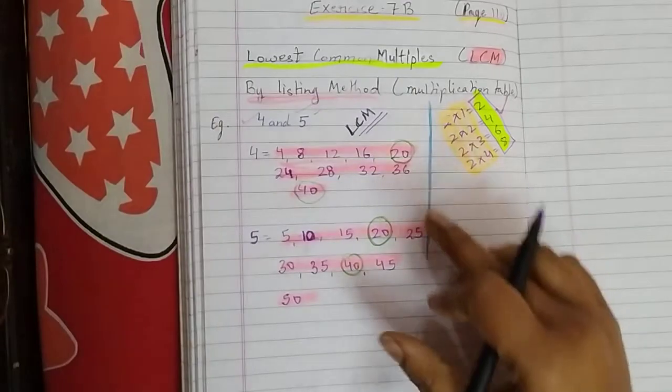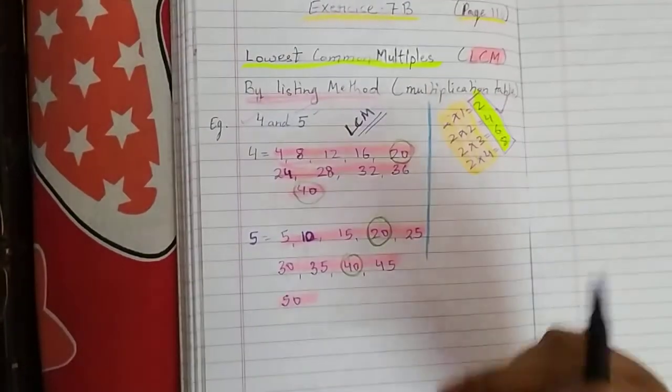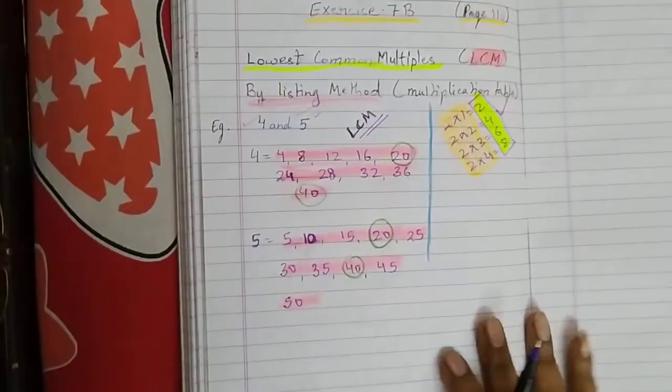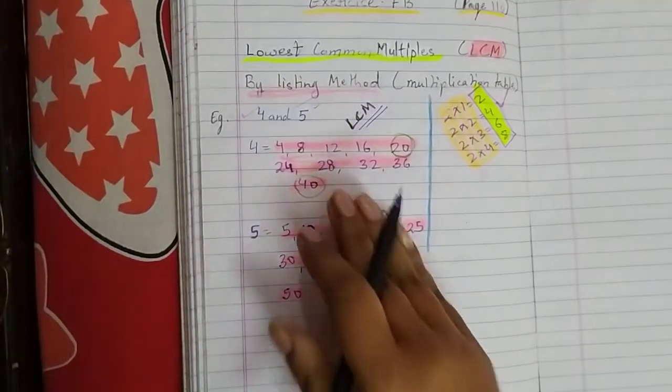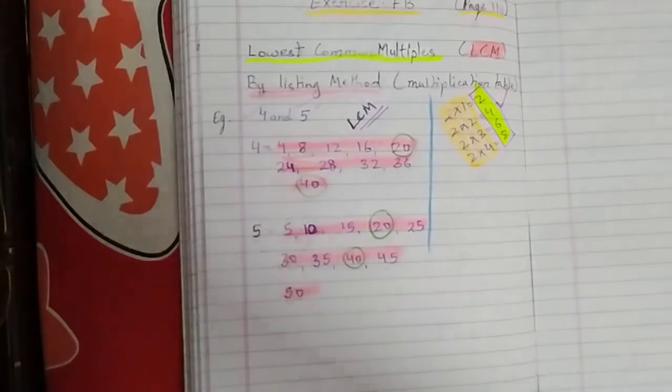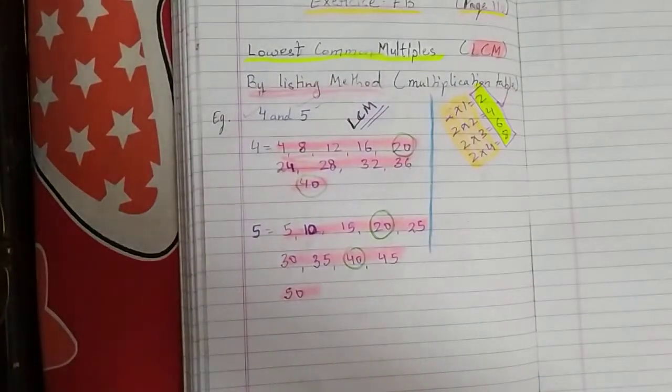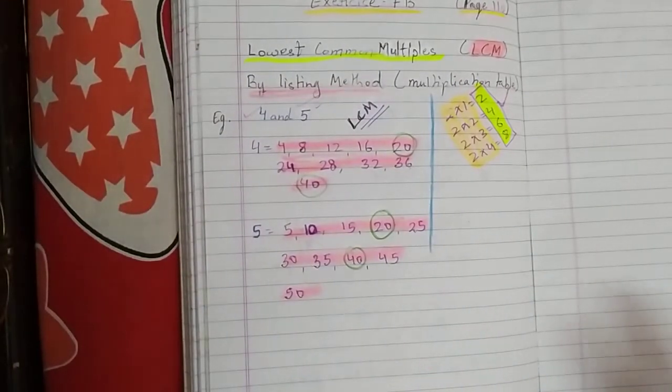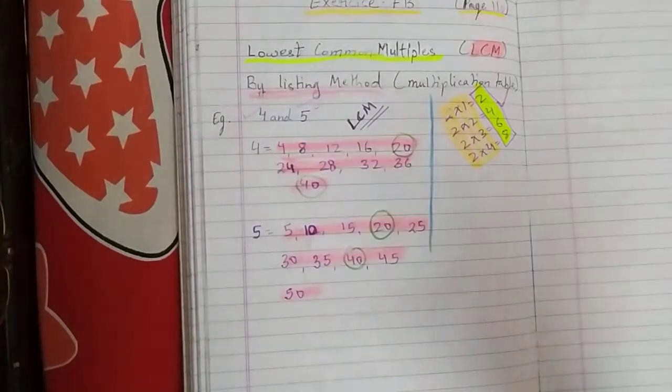So, take out the common multiples in both the numbers. 20 and 40 are common in both the numbers. You can continue further also, but it is not required. Why? Because we are talking about lowest. Lowest means the very first common multiple between them.